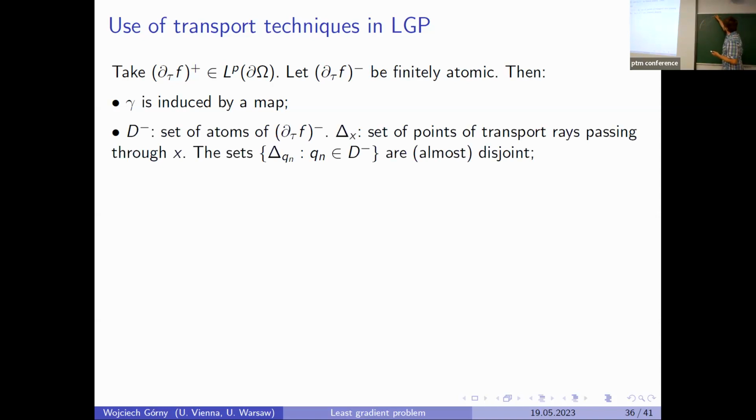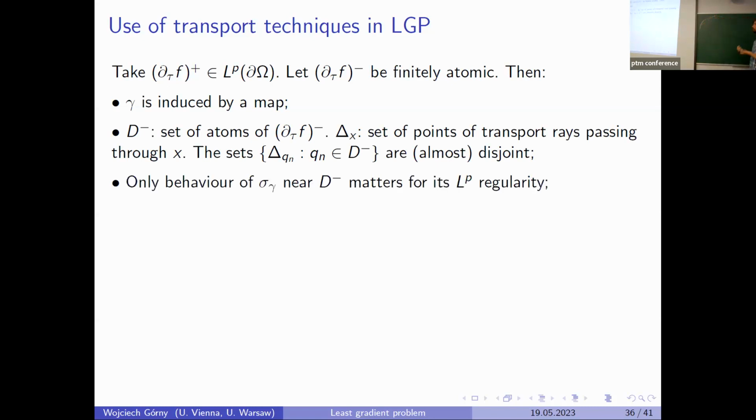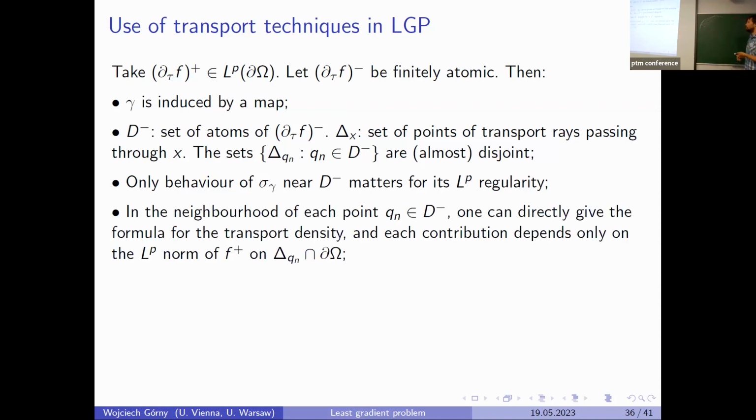These triangles, looking at which points from here go to which points in the target, are almost disjoint, and only the behavior of the transport density close to these points matters for the LP regularity, because this contribution will be small.